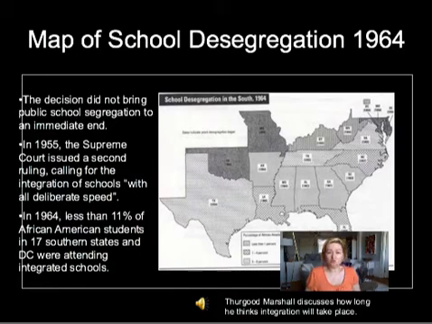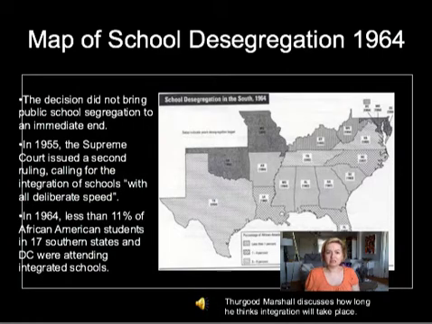But change was taking place, although slowly. In 1955, the Supreme Court issued a second ruling calling for integration of schools with all deliberate speed. They wanted to speed up the process.